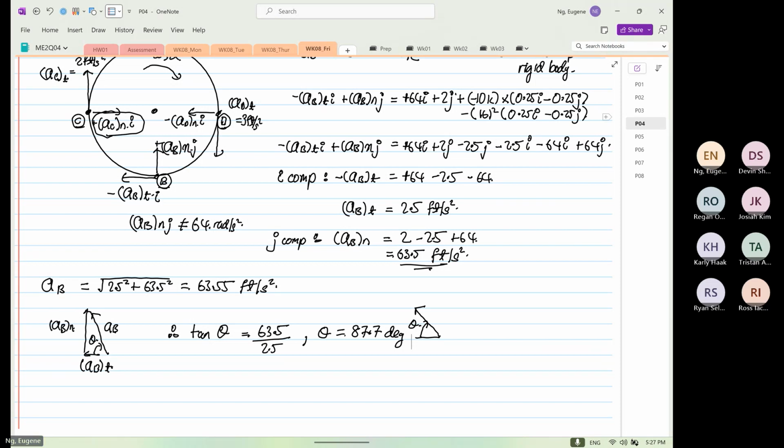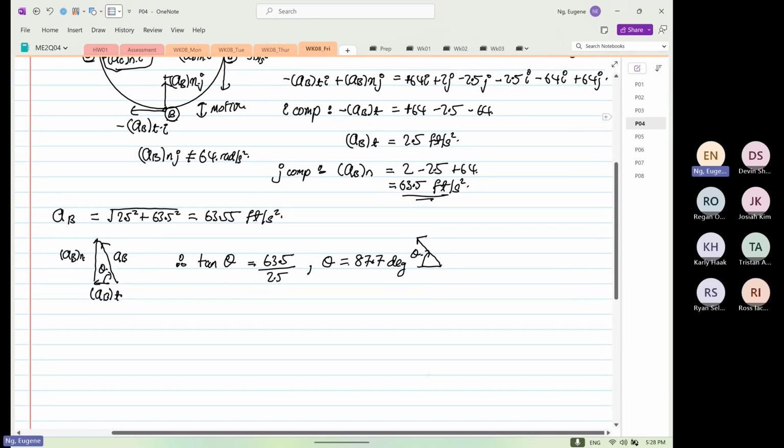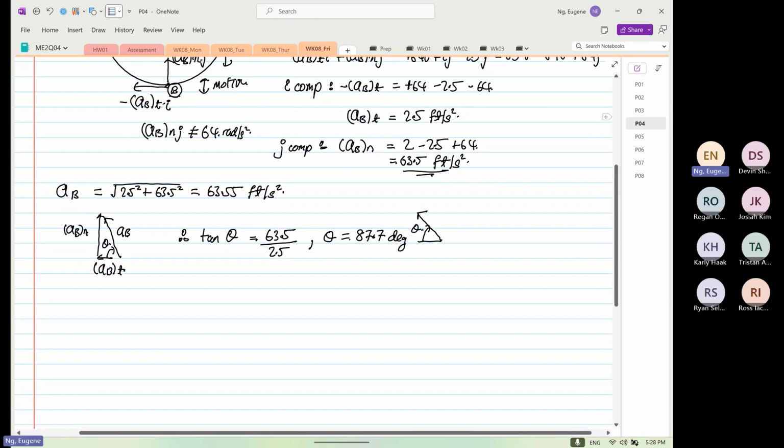But because point B has the freedom to go up or down, this is the motion, so it will affect aBN in the j direction. C and D cannot move left and right because the racks are locked. That's the reason. So this is an extended question.